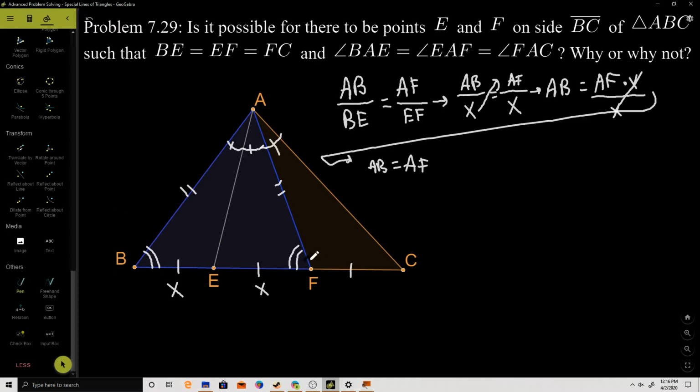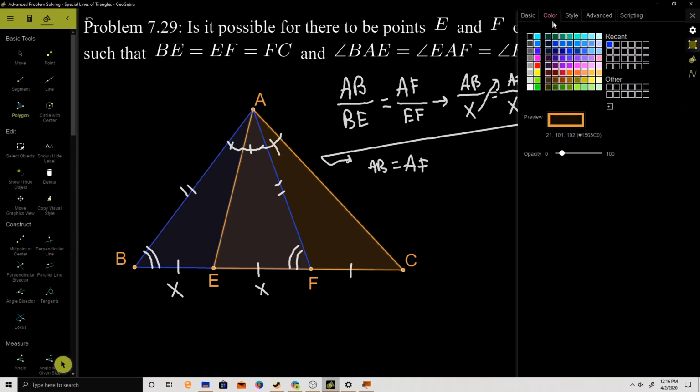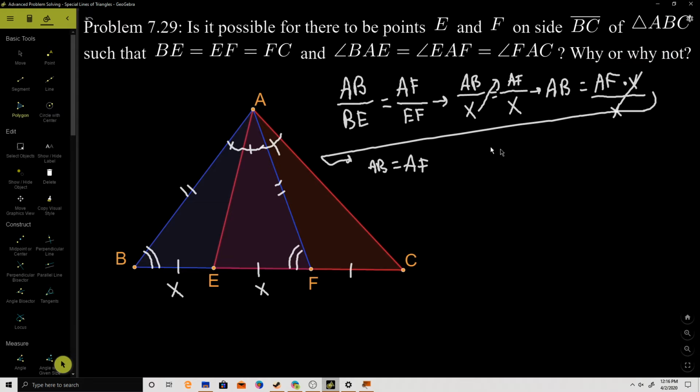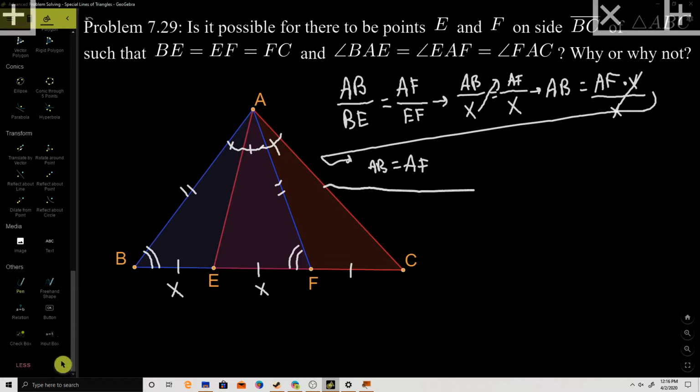So let's try the same logic that we just did, but let's use another triangle, AEC. Because by using that, and I'll color that one in red, by using the same logic we just did, we can figure out even more information about this triangle using the bisector theorem that we just covered.